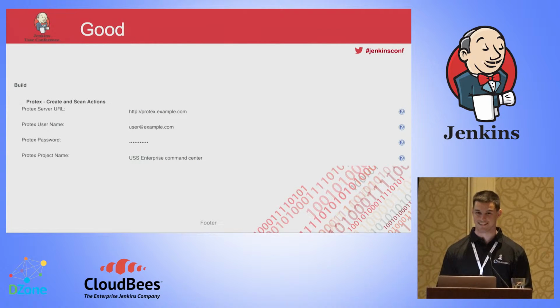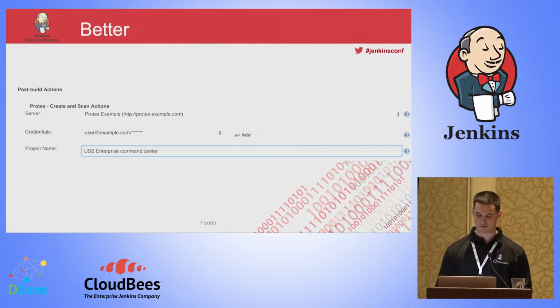And people did not like that. So what we did is we created a global storage for the servers. So once it's defined, a user can go into the job and configure it, and it's in a drop-down, and all they have to do is choose it along with the credentials. So they don't have to re-enter that information every single time.